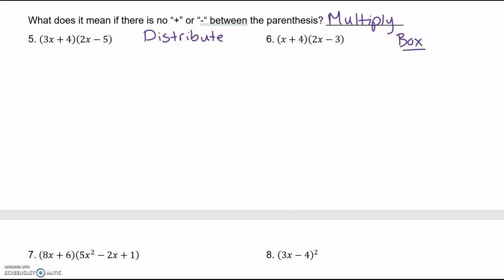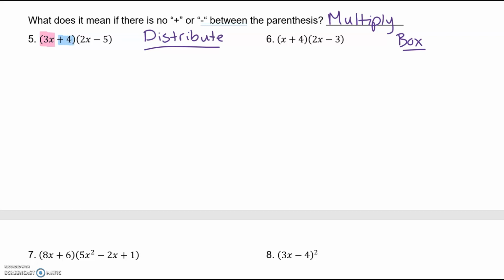And I'm going to show you both methods just so you see the difference, and you can use whichever one you are most comfortable with. So on number 5, I'm going to do distribute. So we all know that distribute means I'm going to take something and multiply it to everything in a set of parentheses. So here, I actually have 2 things that I need to distribute.